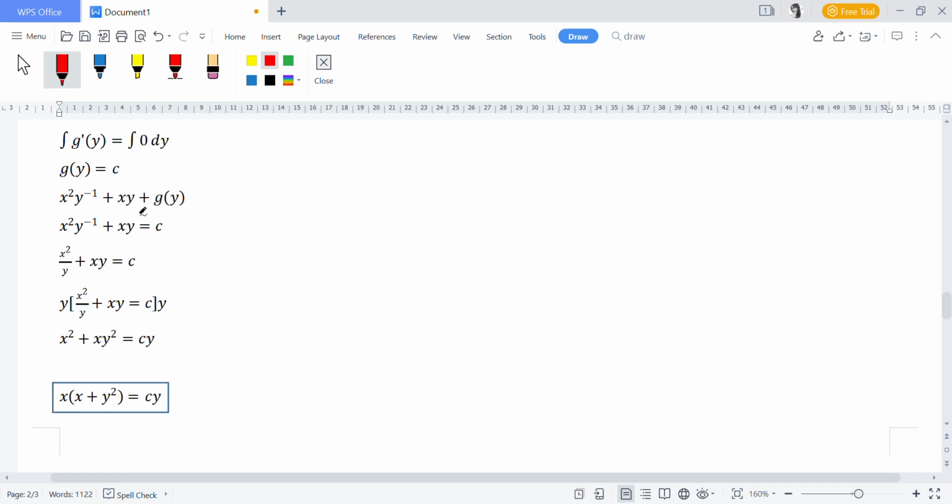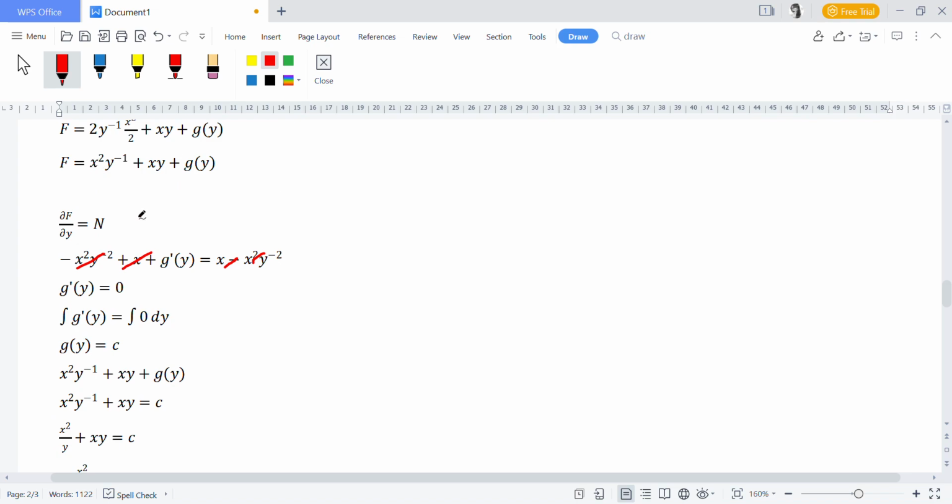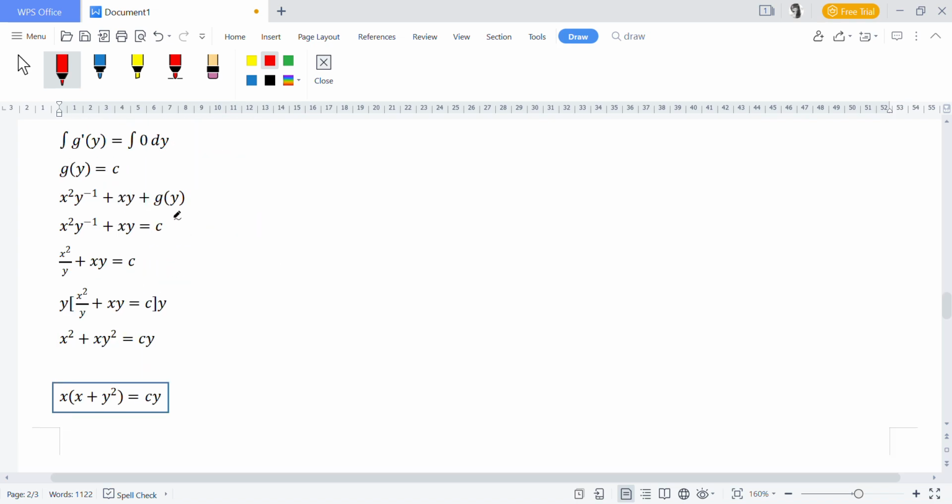Now, copy this and substitute the value of g of y. We will now have x squared y raised to negative 1 plus xy plus c, equal to c. Since our y here has a negative exponent, we're just going to bring this down.